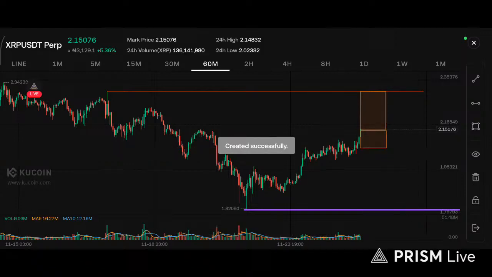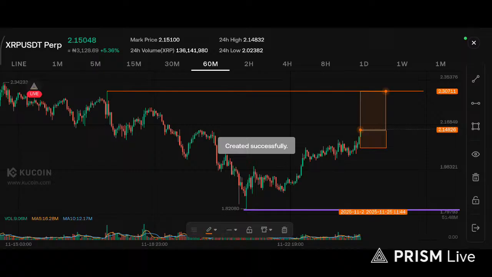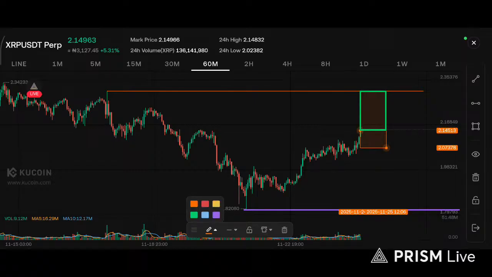All right, that should be our stop loss. This green one should be our take profit. That is our take profit. The red one.